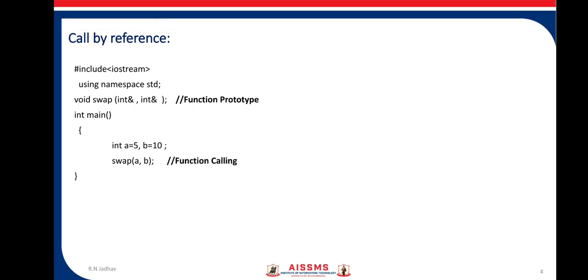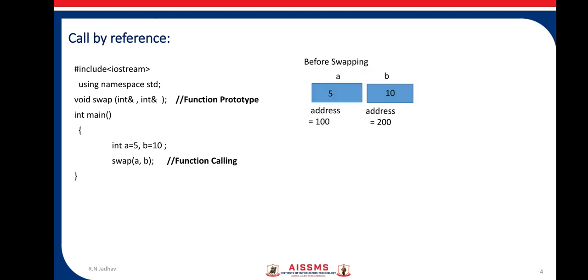Now let us see what will happen if these statements are executed. First we declare two variables a and b, so the compiler will allocate some memory locations to these variables. Let us assume the addresses 100 and 200, taken randomly, and the values assigned at those addresses are 5 and 10, and these locations are accessed by the names a and b.